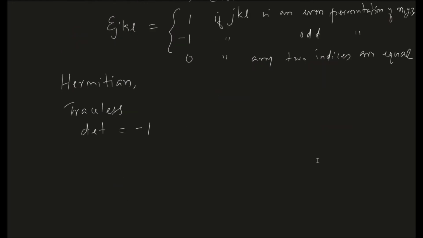That means we can write sigma j dagger equal to sigma j, since they are Hermitian, or you can write the trace of any of these Pauli spin matrices equal to 0. You can write the determinant of any of these matrices as minus 1, where j stands for x, y, or z.